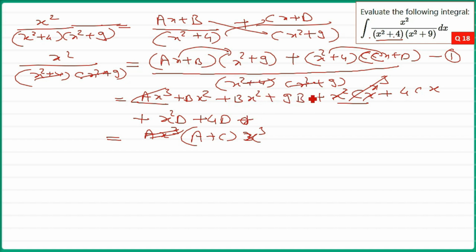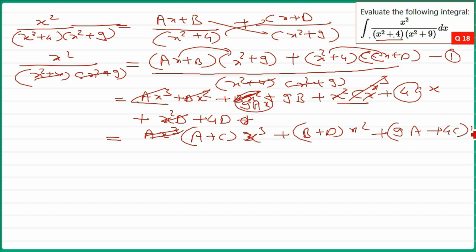Let me cancel this bx² and write 9ax, which was earlier by mistake not being written. So I'm just correcting it. So (b + d)x², these two. Then coming to the x term, 9ax plus 4cx, so (9A + 4C)x. Please remember, a and b are the constants we need to find out, but as variables we'll have 4 equations. Now constant will be 9b plus 4d.